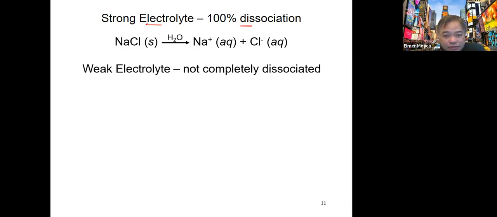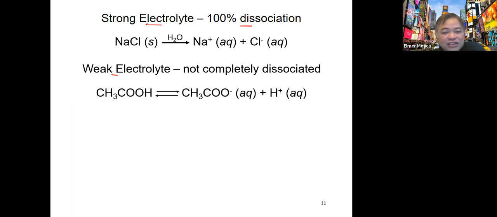Now, if you have a strong, you also have a weak electrolyte. Now, in a weak electrolyte, there's only a certain amount that dissociate, only a small percentage dissociate. Okay, and if you're going to look at the solution, the major component is still what we call the initial reactant that you have. So among the weak electrolyte are the weak acids and weak base. If you have acetic acid, it forms acetate and H+, but the major species is still acetic acid.